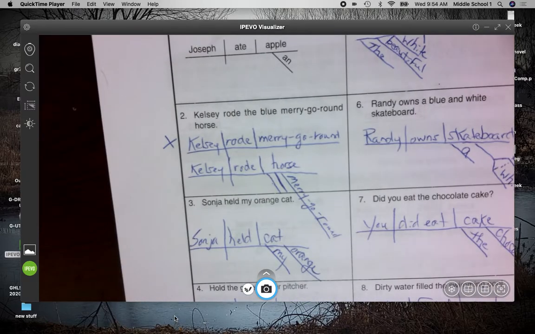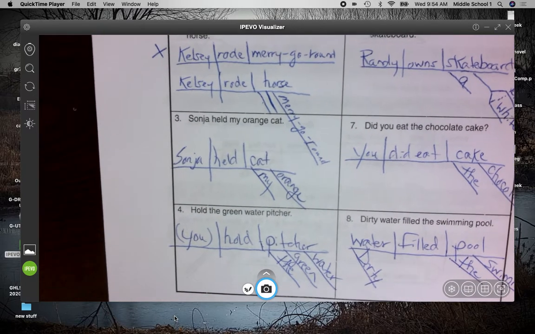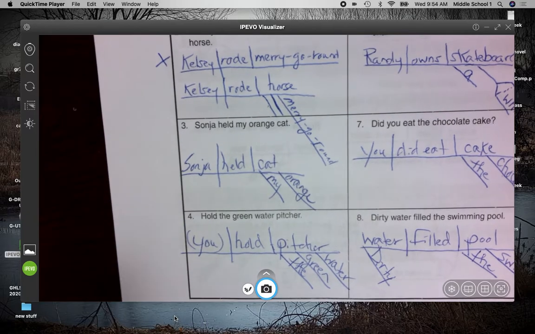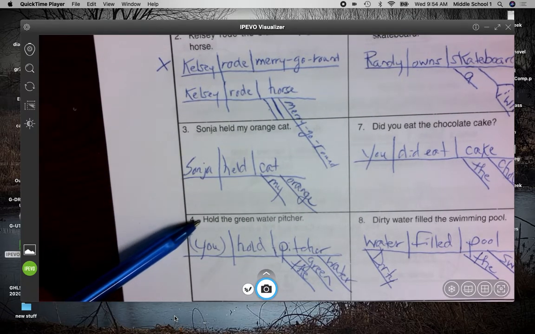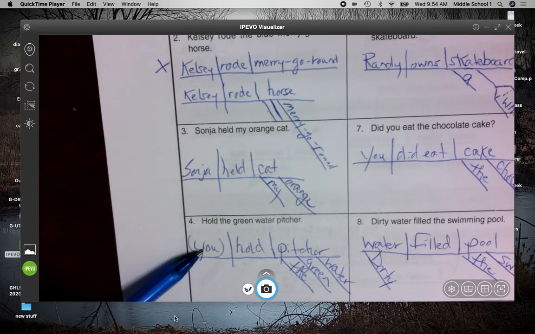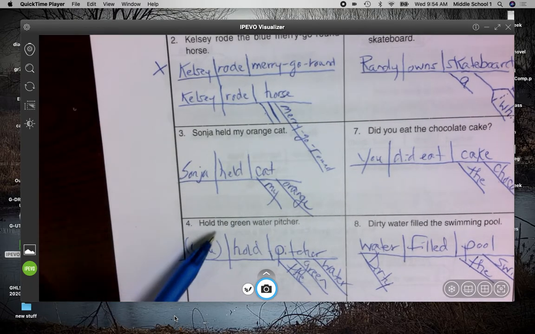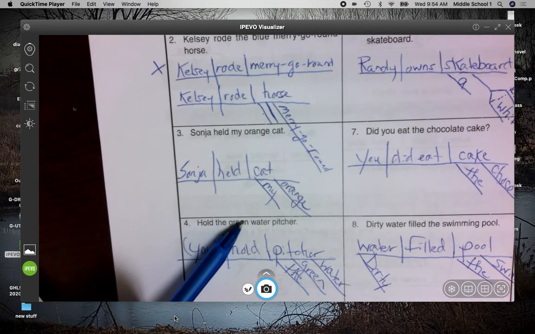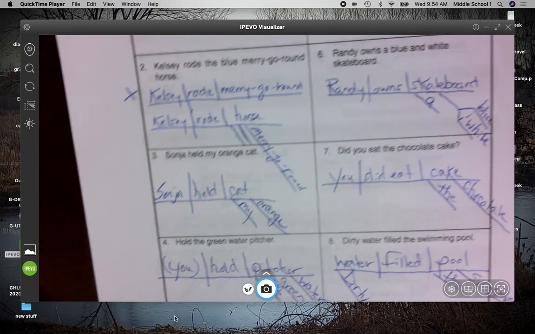And in this implied subject, I need to remember to place my parentheses, which means that this is implied in the sentence. Hold is my predicate. You hold what? Pitcher. And again, I don't want to forget my modifiers, the green water pitcher.